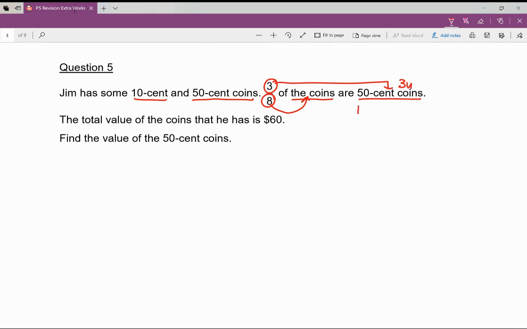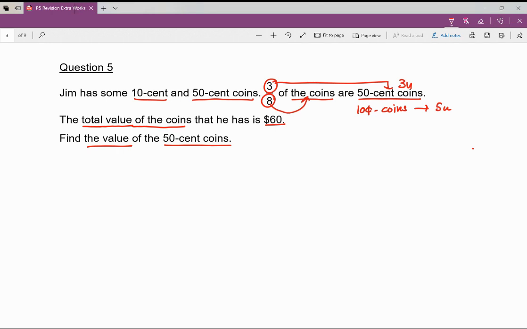That means to say my 10-cent coins is 5 units. Okay. Now, the total value of the coins is $60. You want to find the value of the 50-cent coins. Okay. Now let's dissect the 3/8 first.